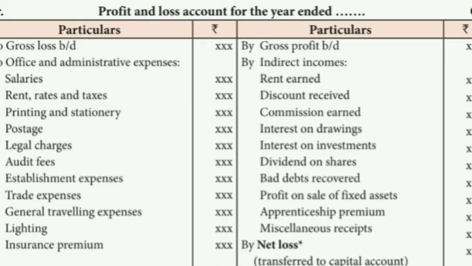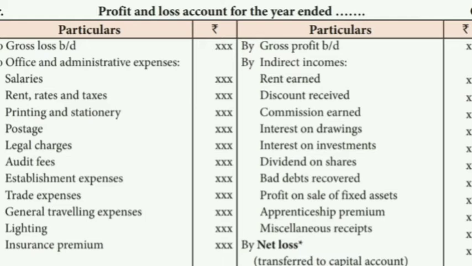Then audit fee. At the end of the year, our account should be audited by an auditor, so for him we have to make the payment, audit fee. Then establishment expenditure, maintenance charges. Then trade expenditure, it is nothing but the necessary charges paid by the registered company. But trade expenditure would fall on the profit and loss account if we are having office expenditure.